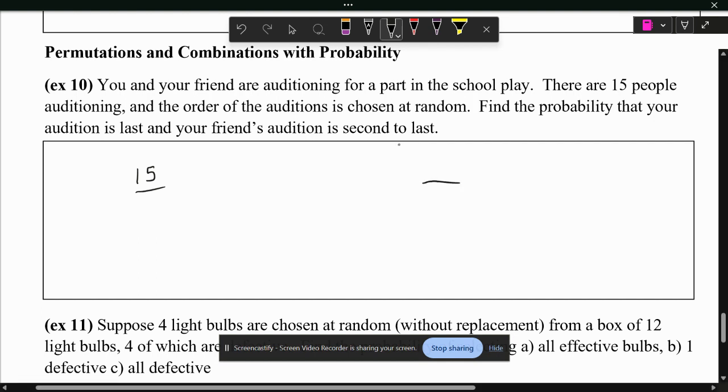Let me write all this out real quick because this one is tripping me up a little bit, to be honest. 1, 2, 3, 4, 5, 6, 7, 8, 9, 10, 11, 12, 13. So I have 15 people to choose from out of 15 for my first part. Then I have 14 out of 14 to choose from, and 13 out of 13, and 12 out of 12 to choose from.